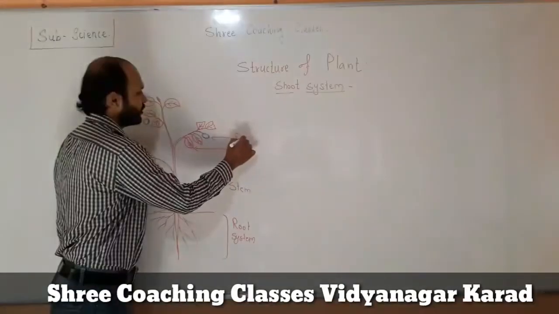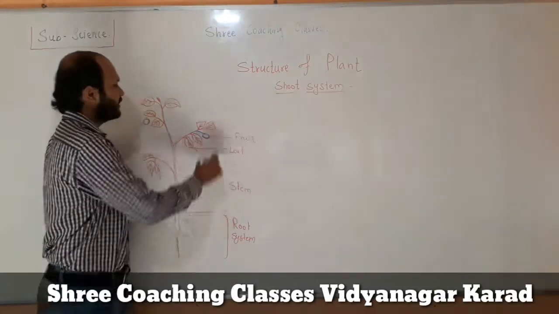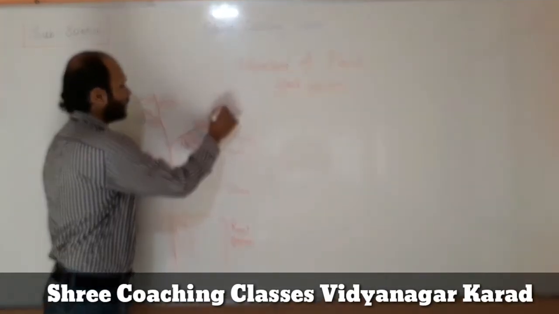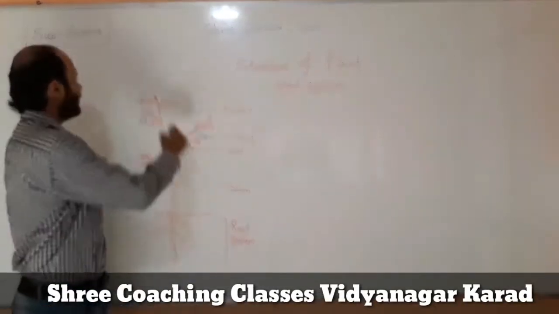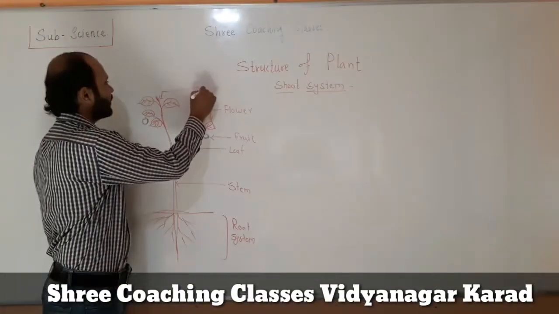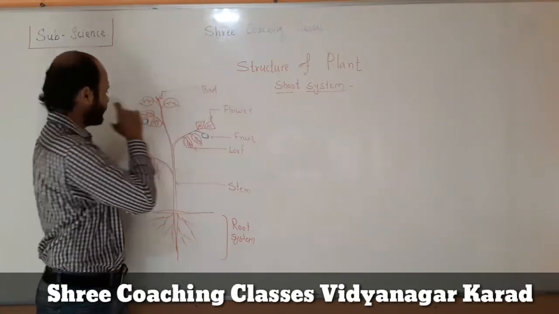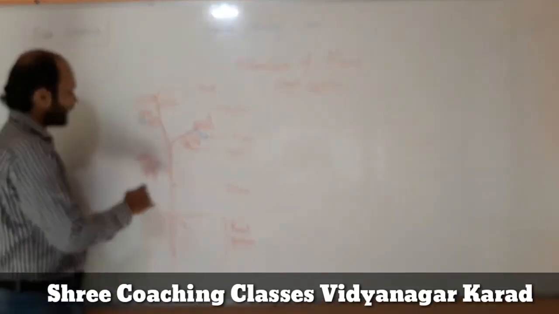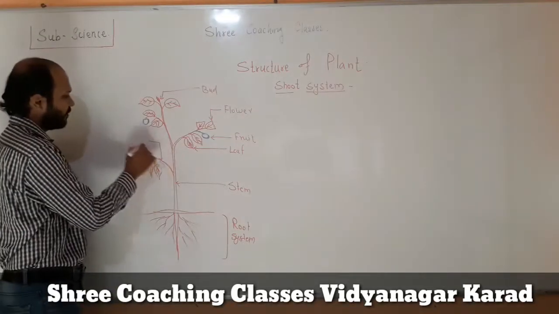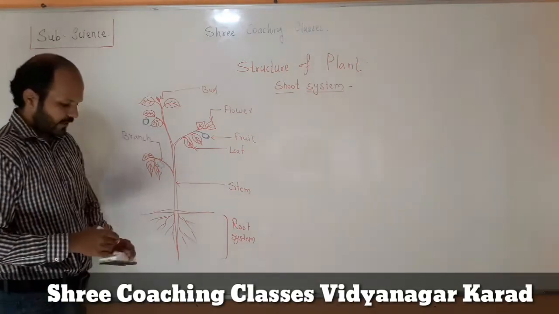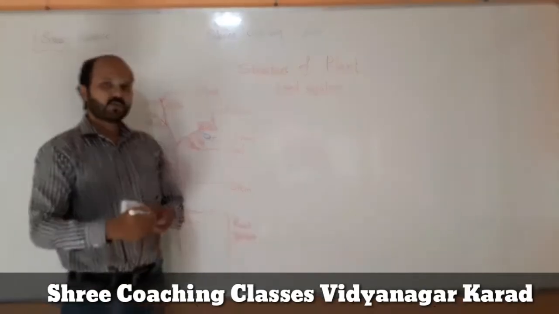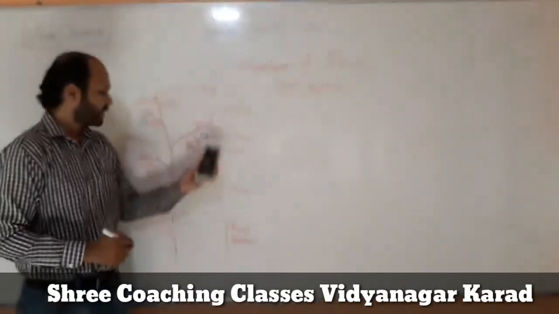Here is a fruit. This is a flower. Suppose it is a bud. And this is the branch.